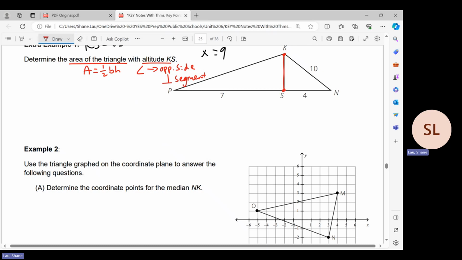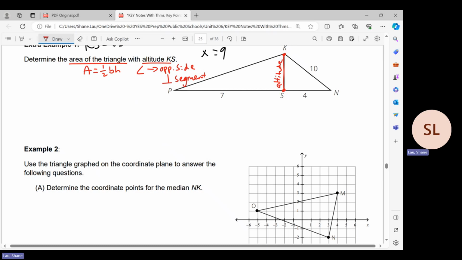Okay, first, remind ourselves, this is the altitude. So we'll write that in, altitude. But we need to know the height and the base of our area in order to figure out, well, what is my area? And so there's 2 ways you can go about this.